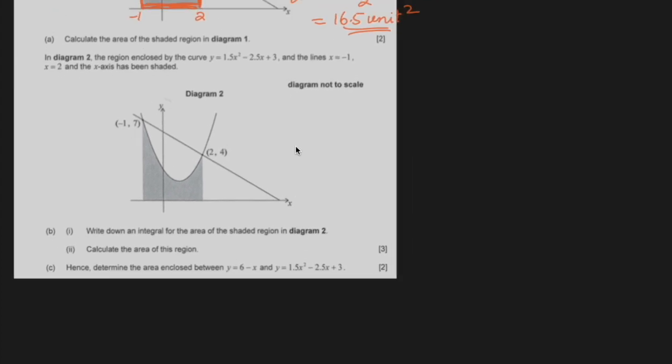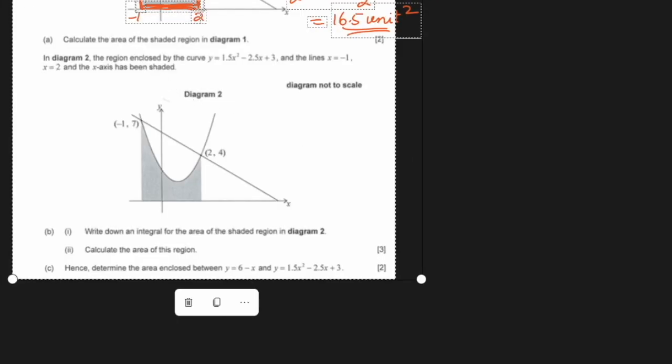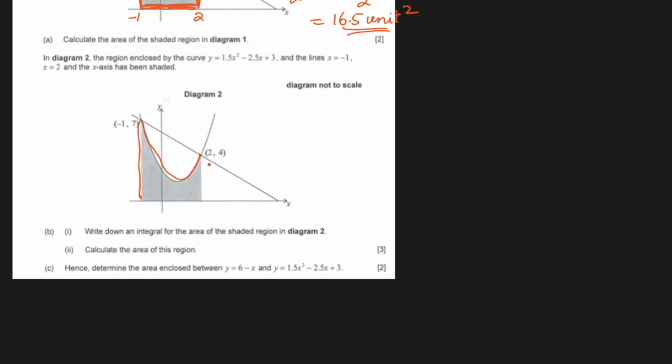In diagram 2, the region enclosed by the curve. Okay, this is the curve, lines x equal to minus 1, x equal to 2, and the x-axis. This is the area which is enclosed by these 4 lines. Write down an integral for the area of the shaded region.